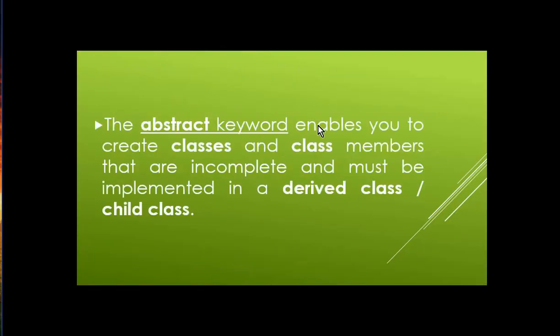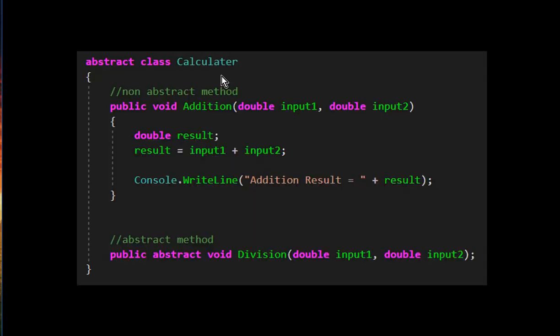Now the abstract keyword basically enables you to create classes and class members that are incomplete. When we write abstract with the class and abstract with the method, it means that this is an incomplete method. It is just the declaration, and we must perform the implementation of this method in a child class or derived class.